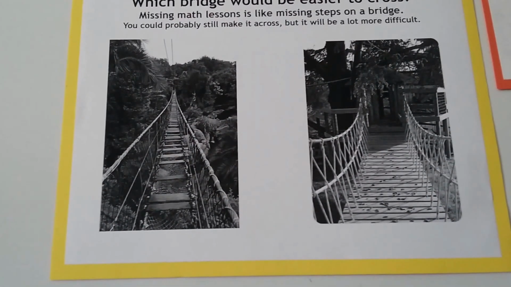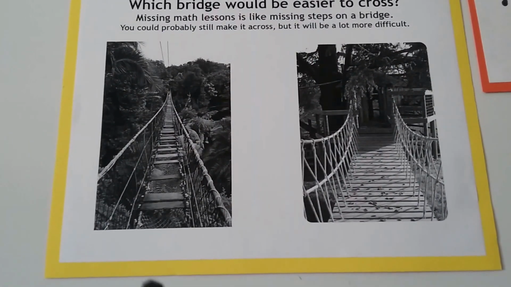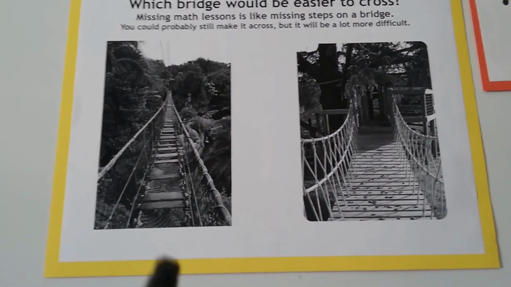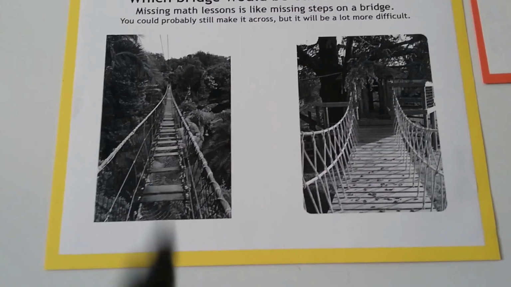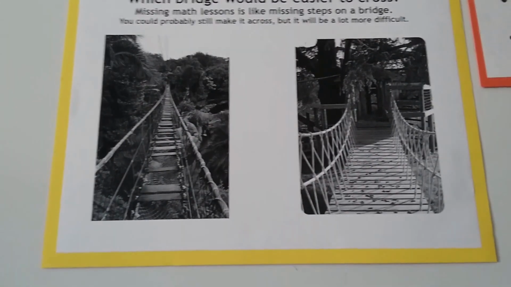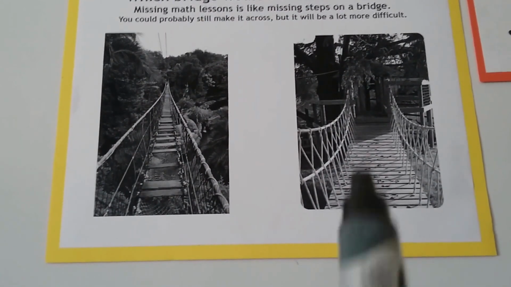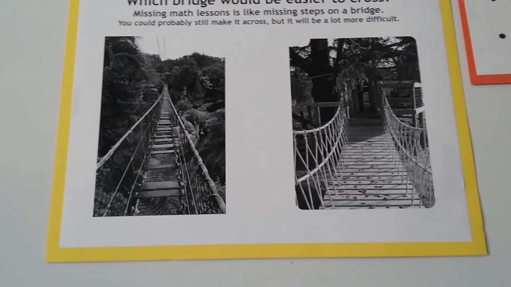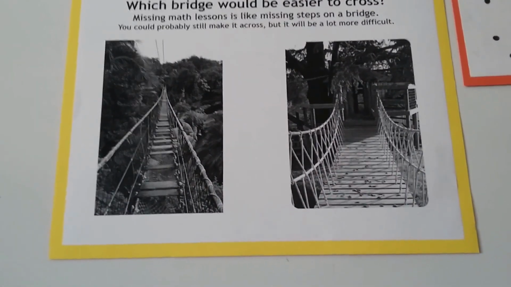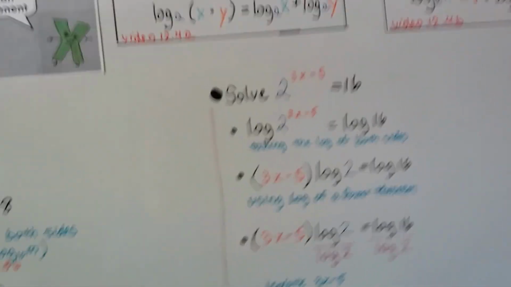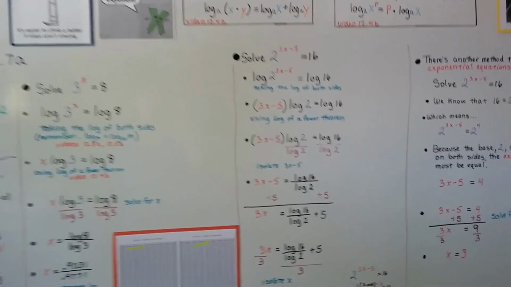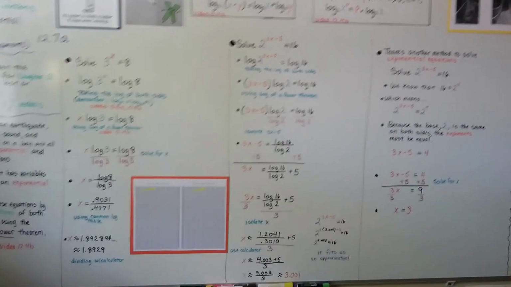You could run across that one, couldn't you? So every time you miss a lesson from your teacher or from this playlist, if that's what you're going by, you're making it harder on yourself because you're not filling in all the holes, okay? This, you could go across this without even looking. It would be so easy, right? Because all the steps are there. So do your best to fill in any holes that you have so that it's easier on yourself. You have less stress, all right?